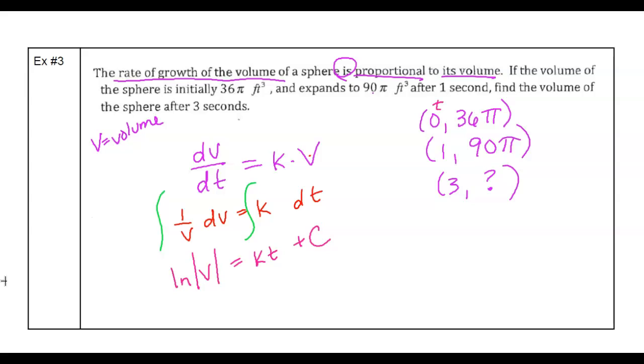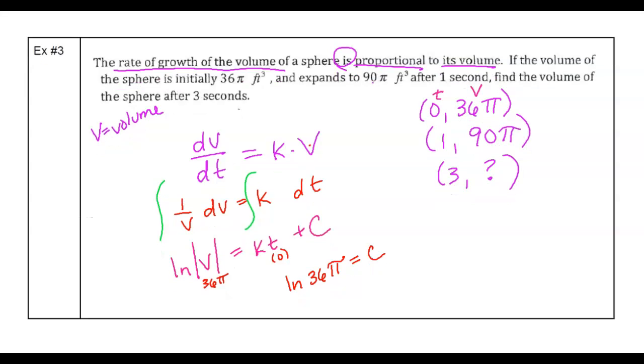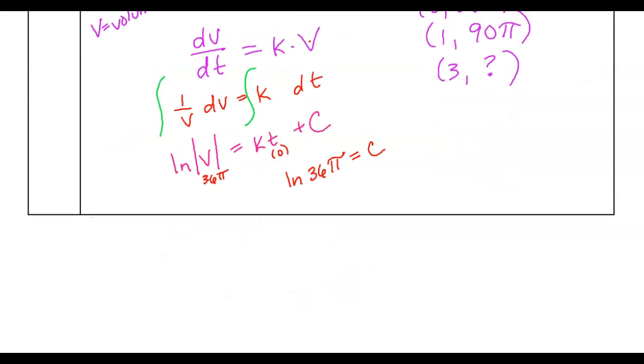Just remember, t is our variable, and these are our volumes. So I'm going to go ahead and use my first initial condition. So if t is 0 and V is 36 pi, we get the natural log of 36 pi is equal to 0 plus c. Okay. So natural log of V is equal to kt plus natural log of 36 pi.